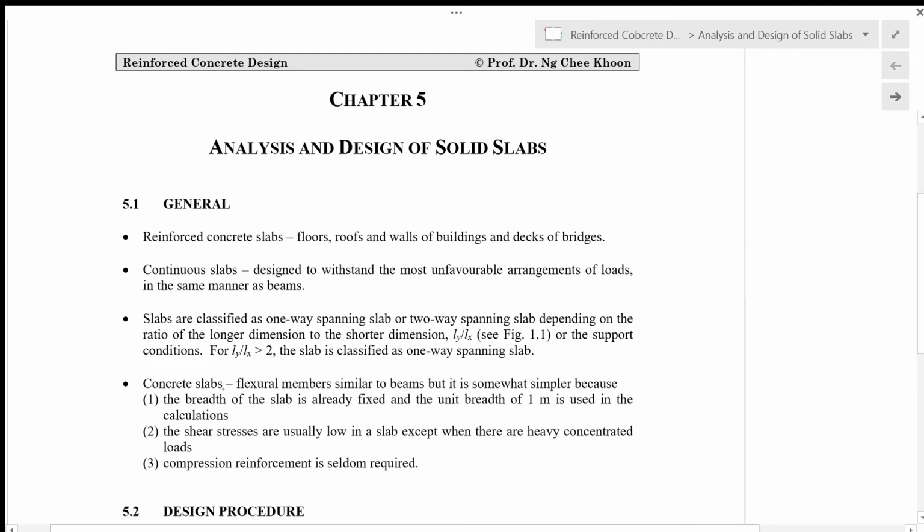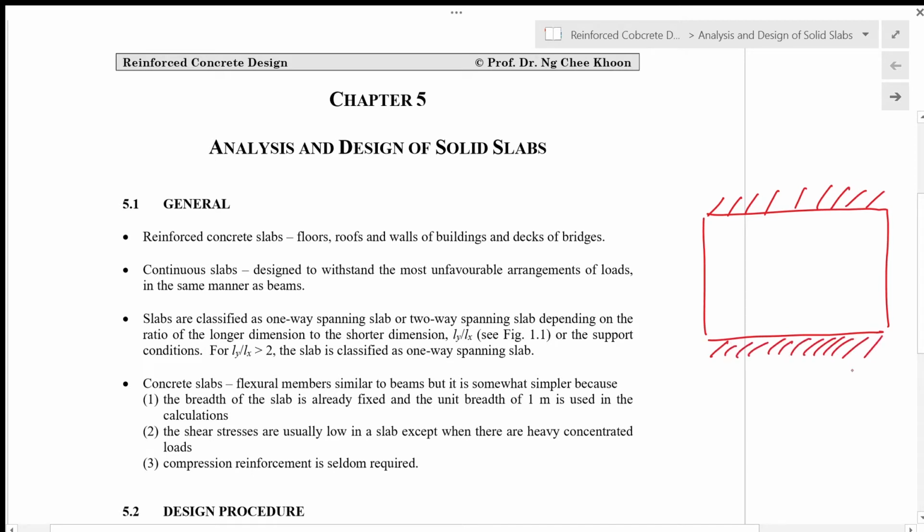Concrete slabs are considered as structural members similar to beams, but somewhat simpler because the breadth of the slab is already fixed and a unit breadth of 1 meter is used in the calculations. What this means is that if you have a one-way slab, you assume that there are only two supports for the slab, where the beams are the supports for the slabs.